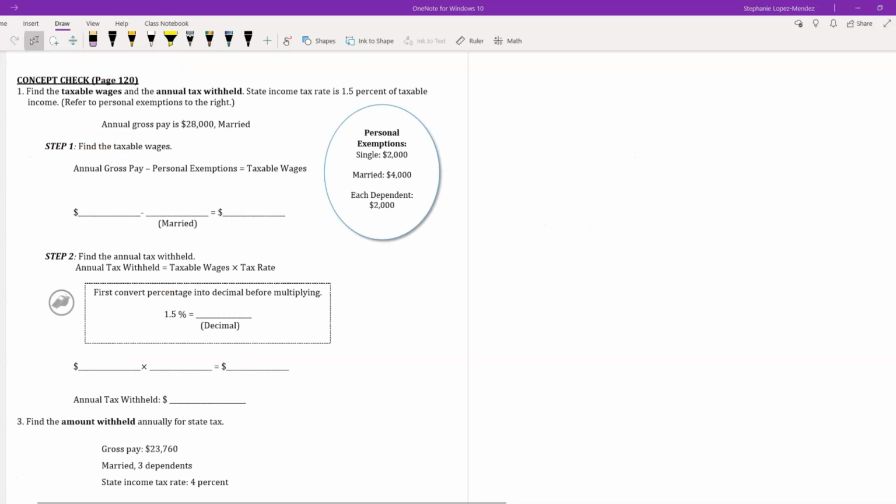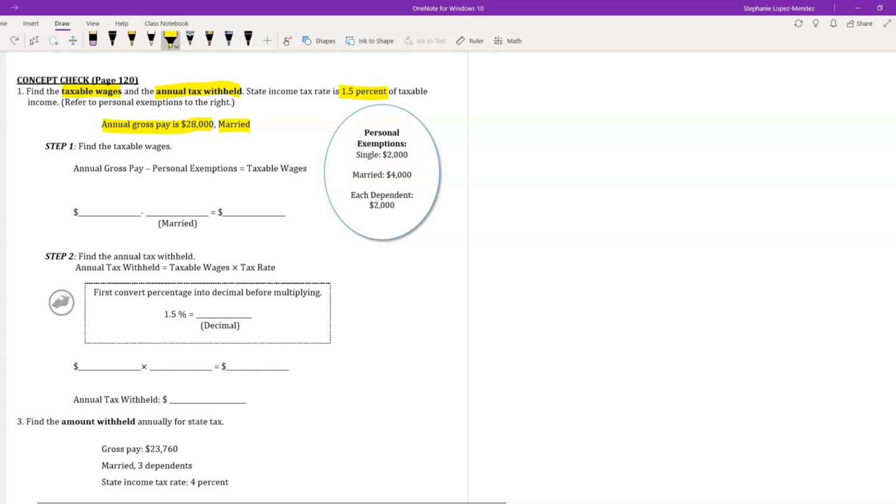Now we go to our second concept check. And on problem number 1, we have find the taxable wages and the annual tax withheld. So the state income tax rate for this problem is 1.5% of taxable income. So we have that our annual gross pay is $28,000 and the person is married.